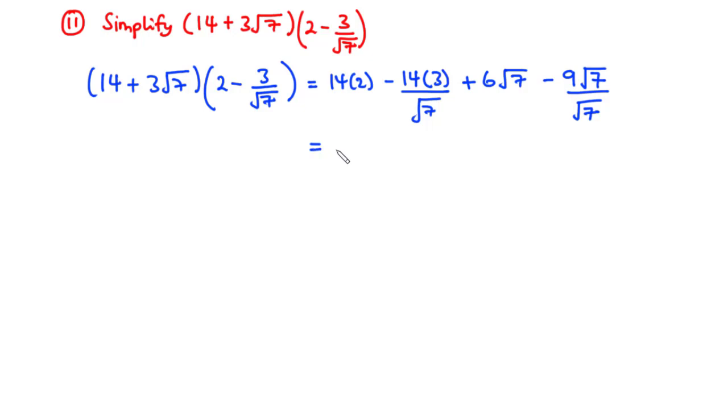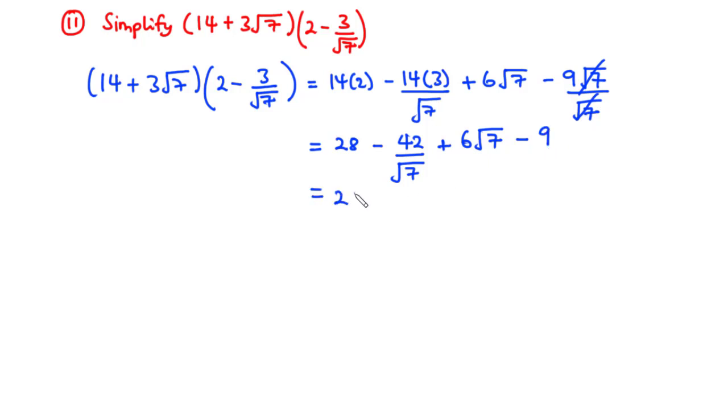So we have 9, and then we have root 7 over root 7. So let's simplify. 14 times 2 is 28. 14 times 3 is 42, so 42 over root 7, plus 6 root 7 minus, now root 7 cancels out root 7, so we are left with 9.